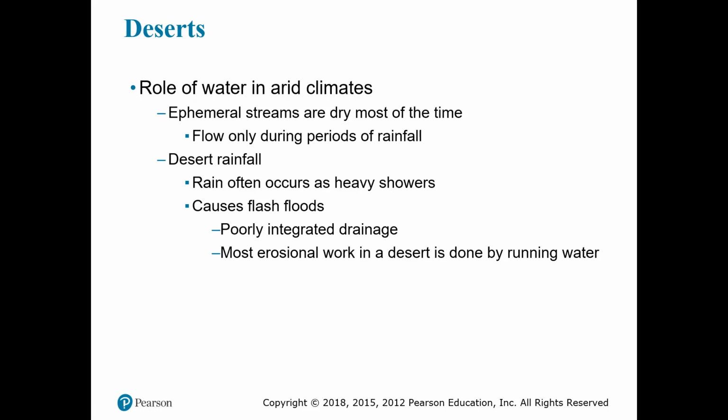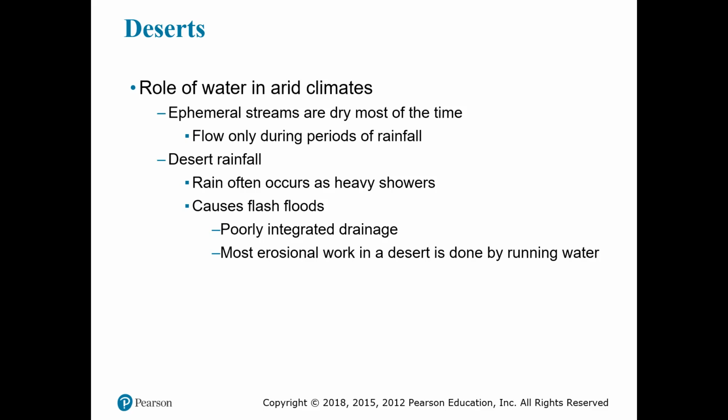They only flow during periods of rainfall, but this can lead to flash flooding. The ephemeral stream might flow a few days or maybe just even a few hours during the year, based on when the rainfall comes.